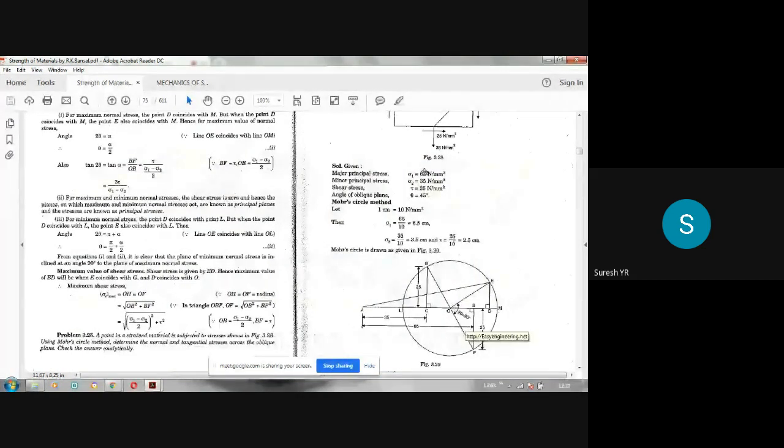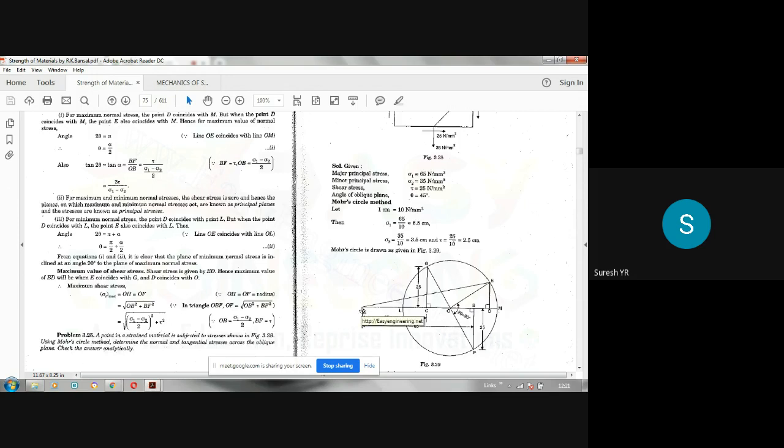Shear stress in our problem is 20 Newton per mm square, which means 1 centimeter. At C you draw 1 centimeter above that line. At B you draw 1 centimeter below the line. So you will get CG and BF. Then join this G and F. Join this B and F.